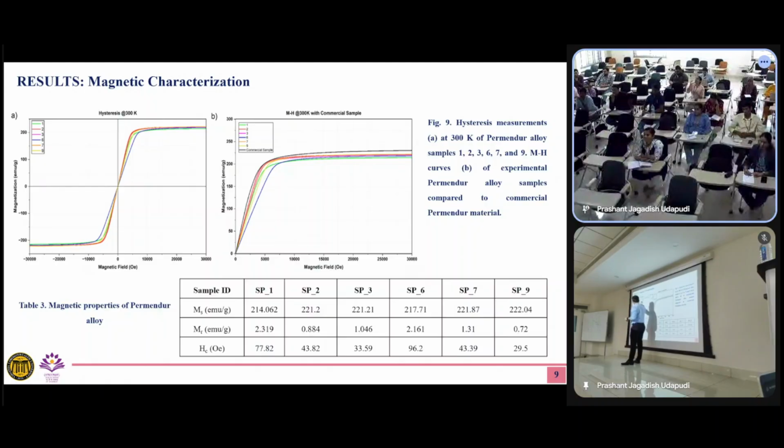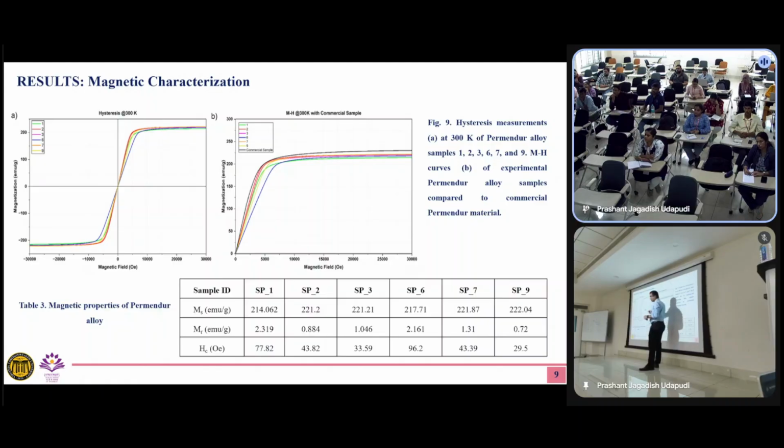So these are 9 samples, some are missing. And when we look at this, the commercial one is black here. This is the commercial one. And if you look at the commercial and some of the 3D printed ones with the right parameters, they were very close.